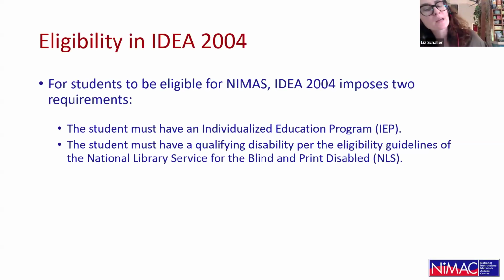So let's talk a little bit about eligibility for NIMAS source materials. The eligibility requirements for NIMAS are established in IDEA 2004, and there are two main requirements. The first is that the student must have an IEP, an individualized education program, and the second is that the student must have a qualifying disability per the eligibility guidelines of the National Library Service, or NLS.